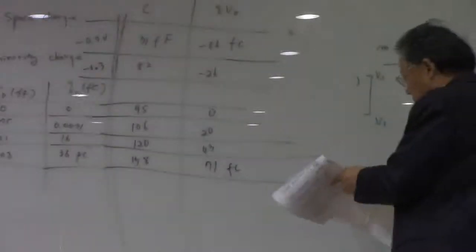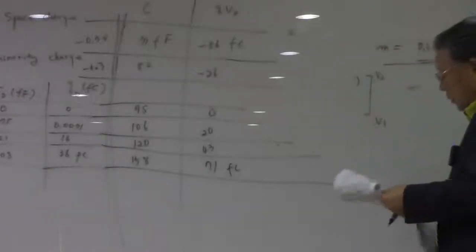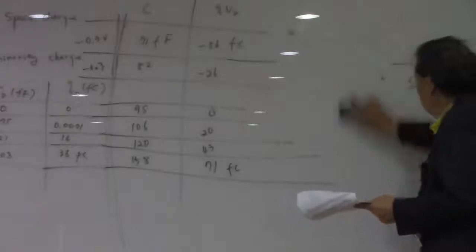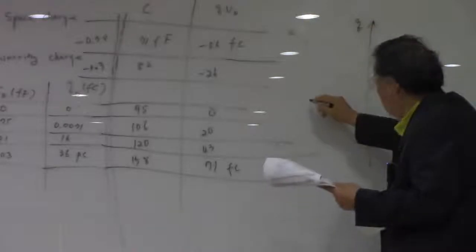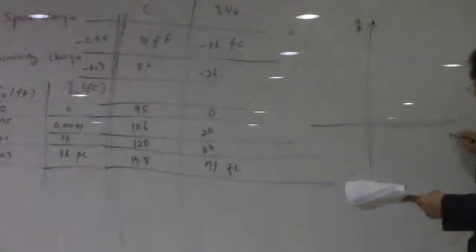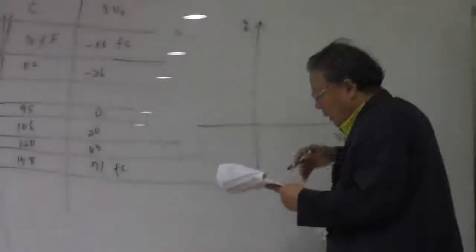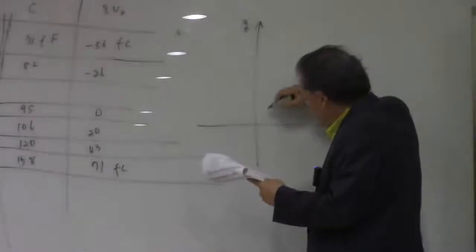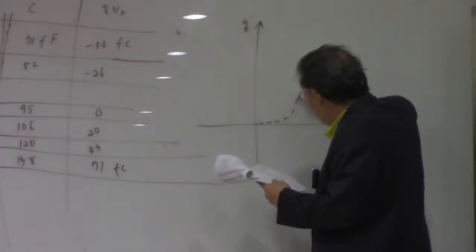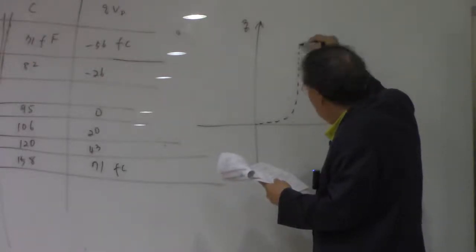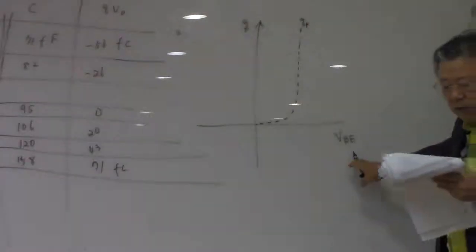So if you compare these two, we can see that if you plot the stored charges with respect to the applied voltages, the injected minority carrier charge QF is going to increase in this fashion with the voltages.